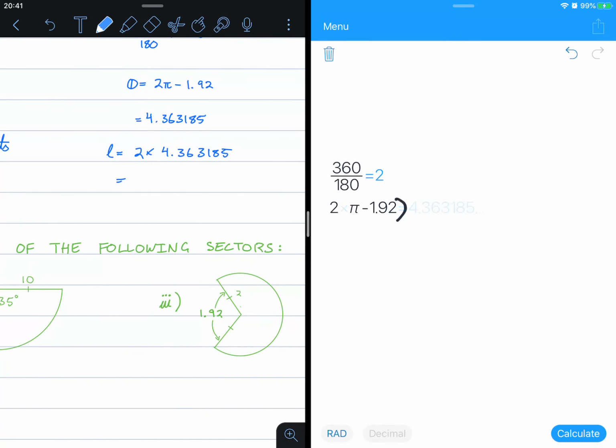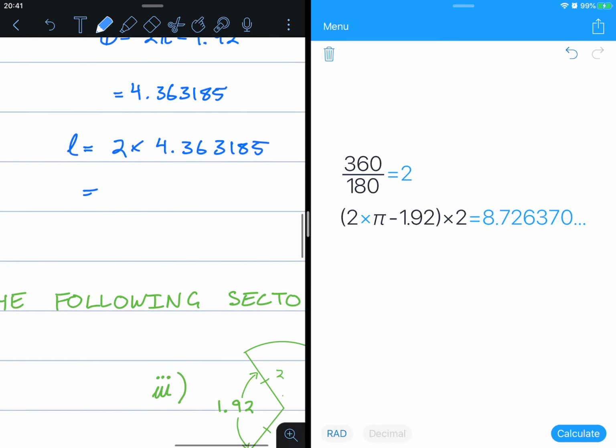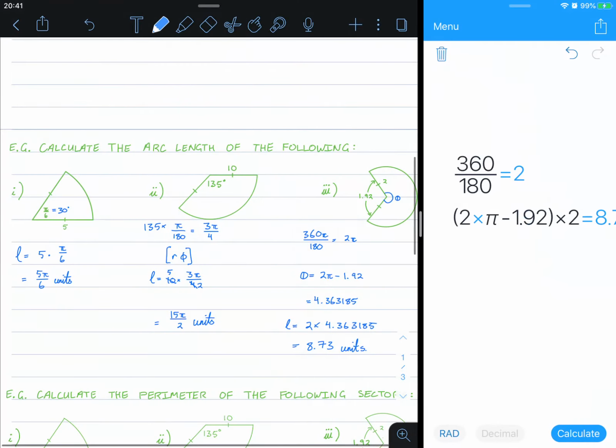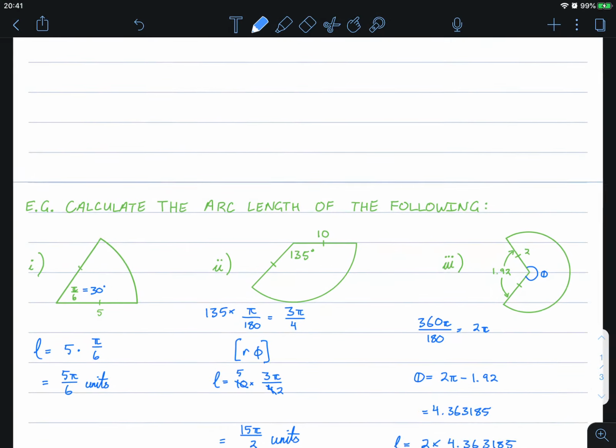And taking this answer here and multiplying that by 2, that's equal to 8.73 units. So that's how we calculate the arc length.